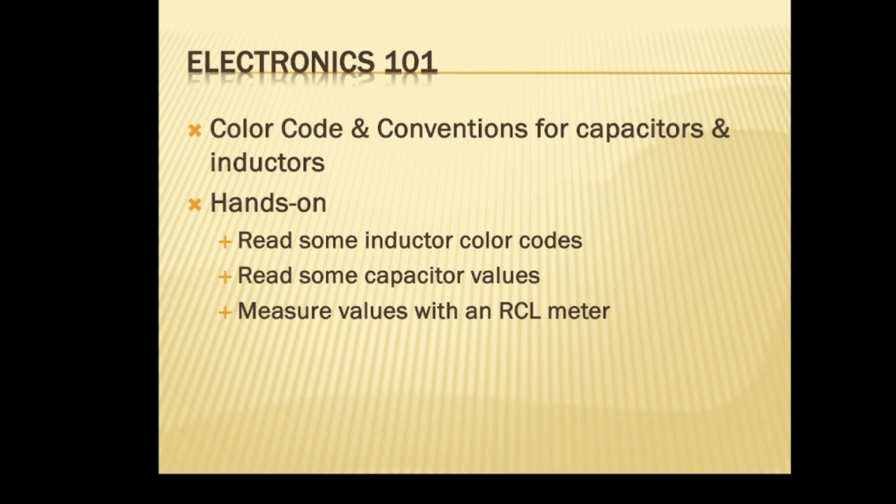It's hard to see if it's red or orange. Looks like red, black, or orange, black. So I'd say it's either 22 or 33 microhenries, and the silver band is plus or minus 10%. That's my guess.